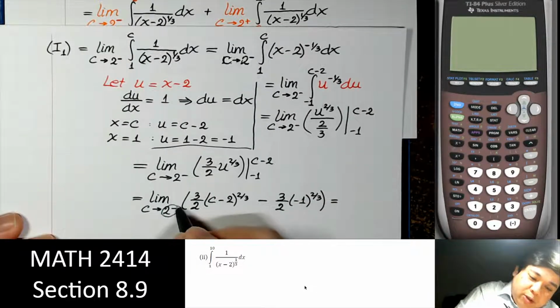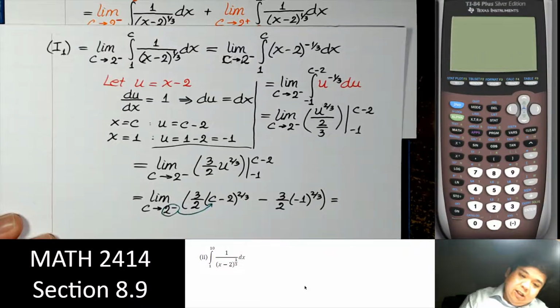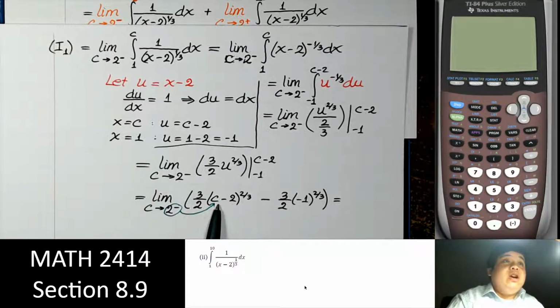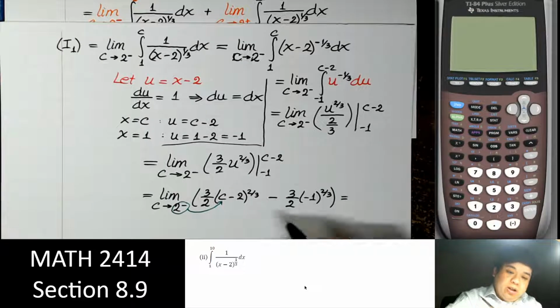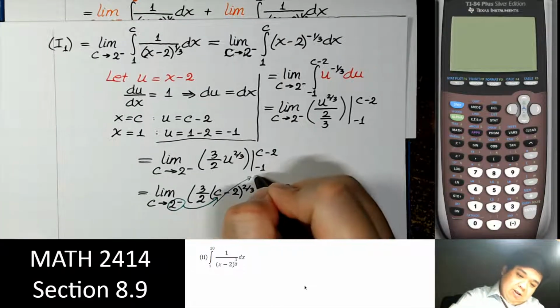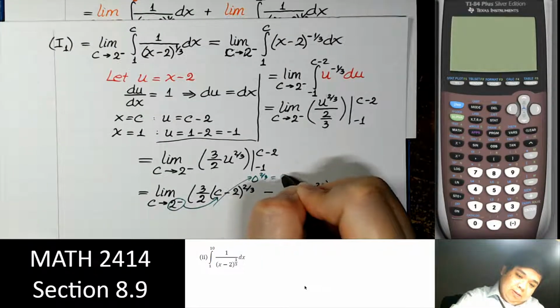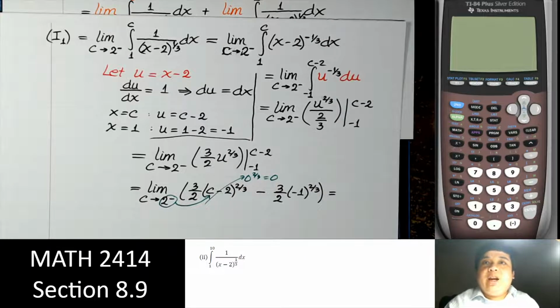Finally, we put 2 in for c, which gives us 0. 0 to the 2/3 is 0. And what is negative 1 to the 2/3? It's positive 1.